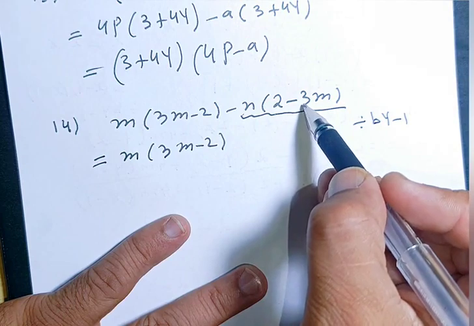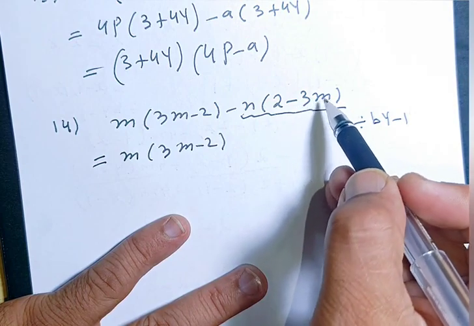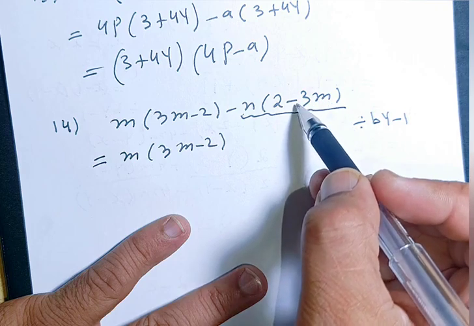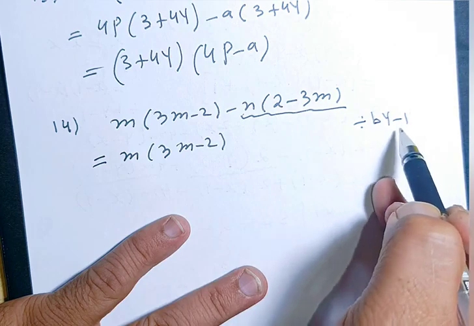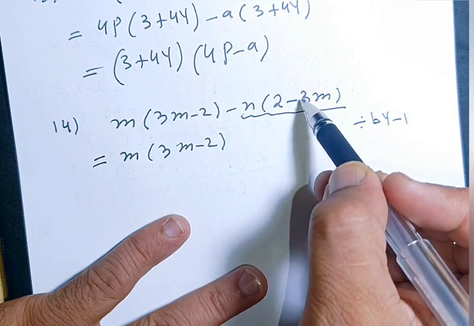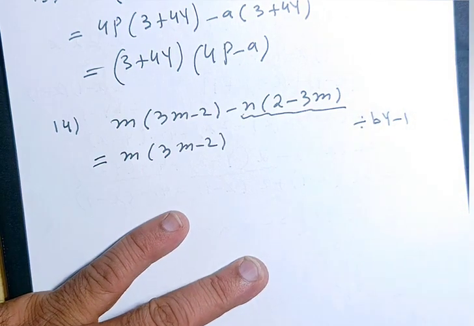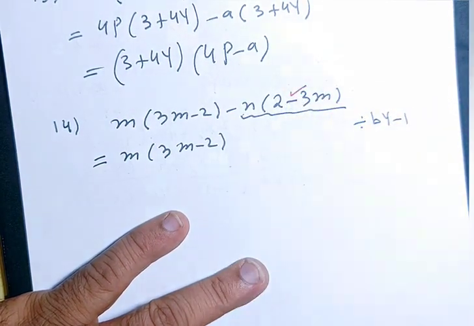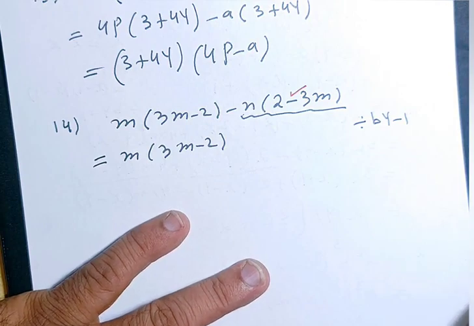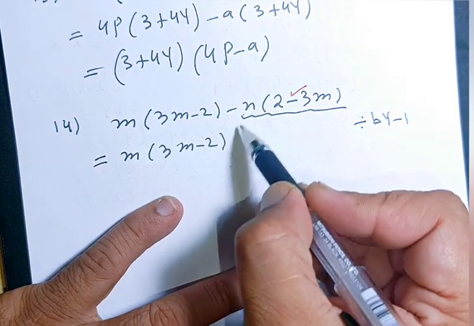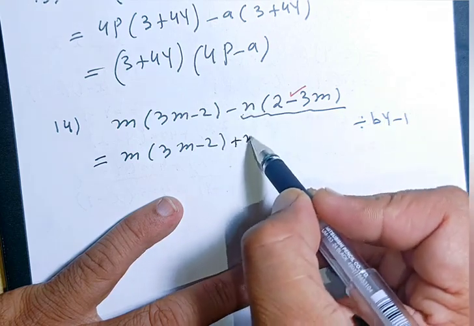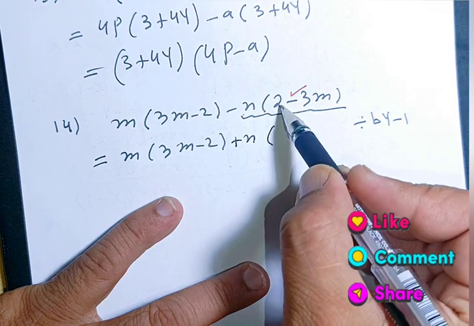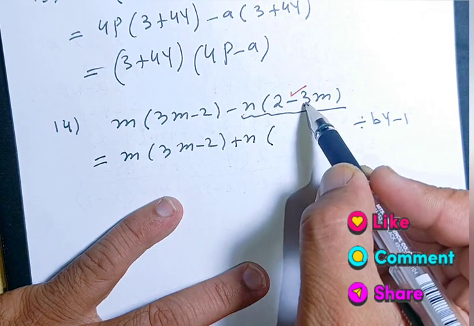Because of this negative sign, the 3m, the sign is negative, so I have to bring it to the left hand side, so that's why I have to divide by negative 1, because of this negative sign here. If it's positive, we don't need to. Now, it becomes negative divided by the whole expression negative 1, so it becomes positive n, and this becomes negative 2 obviously, and this becomes positive 3.